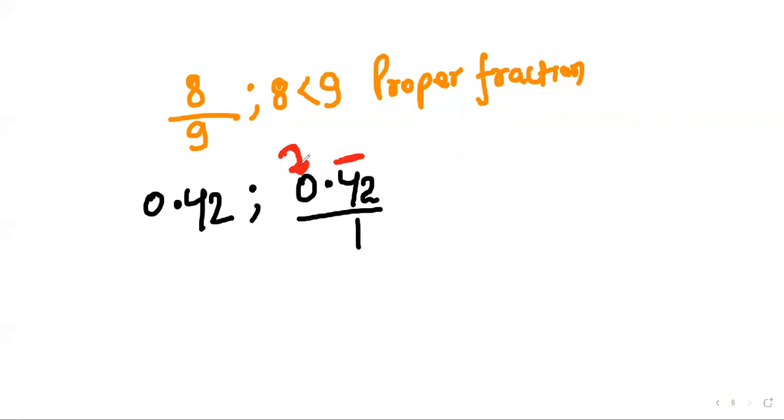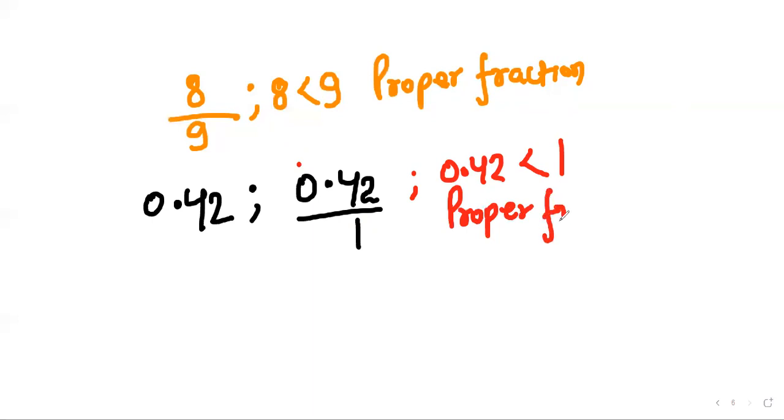The whole number part over here is 0 and 1 is already a whole number. So 0.42 is lesser than 1, and 0.42 is the numerator. Once the numerator is lesser than the denominator, this comes in the category of proper fractions.